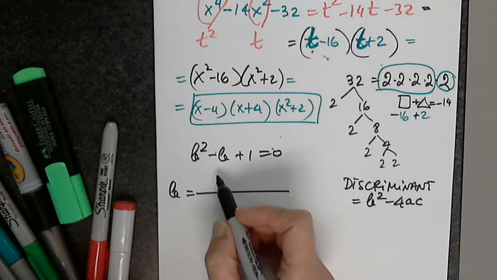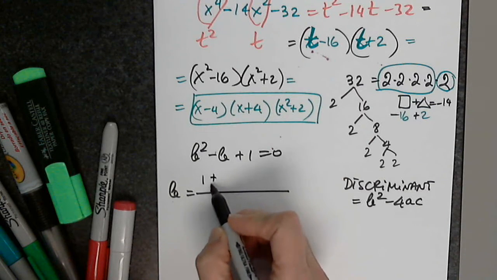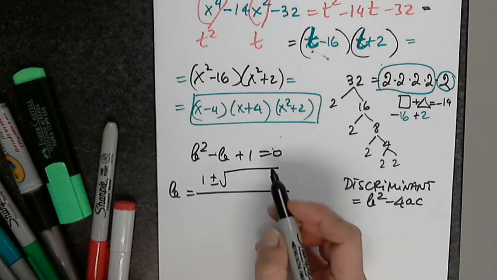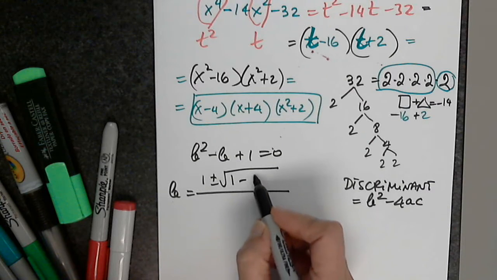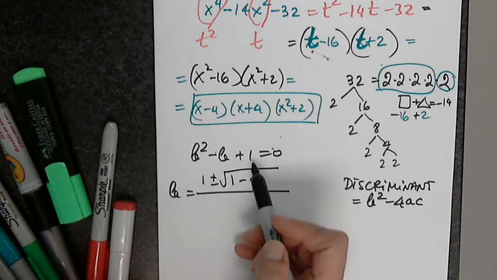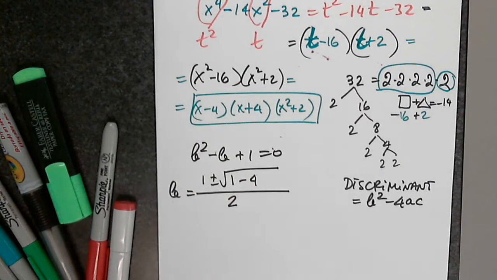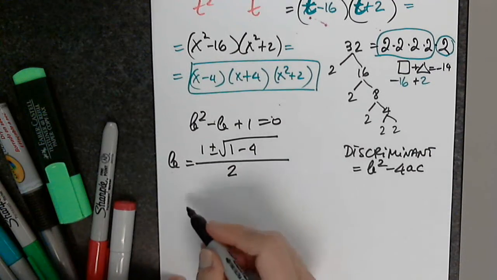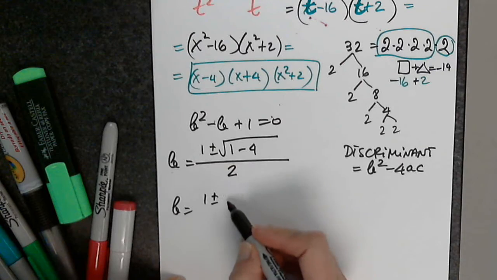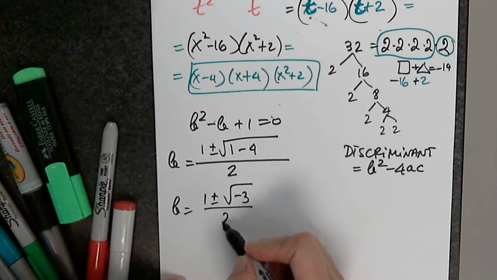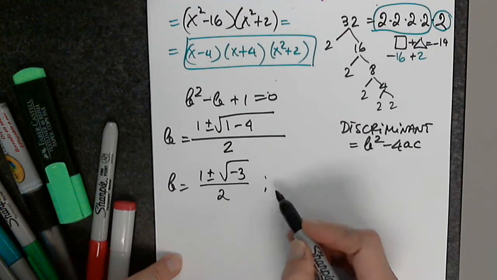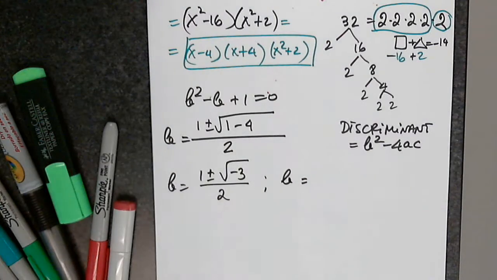So negative b, 1, plus or minus the square root of b squared minus 4 times a times c times 1 divided by 2a. So then this is 1 plus or minus the square root of -3 divided by 2. But what does the square root of -3 mean? We discussed this in chapter 10.